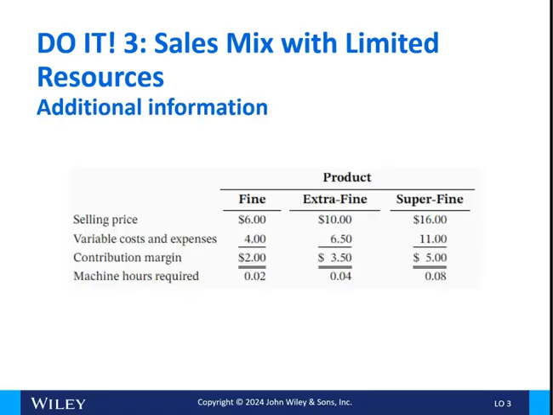Now we have some information here. Our selling price per unit for each product, variable costs and expenses for each product per unit. We get our contribution margin per unit and the machine hours required.